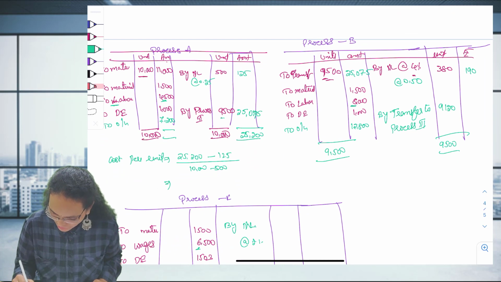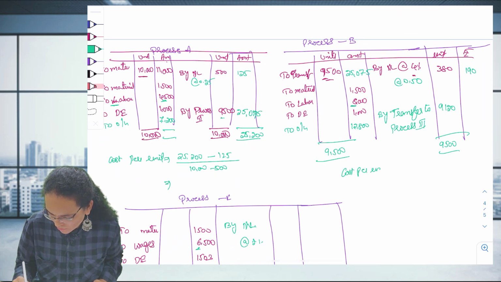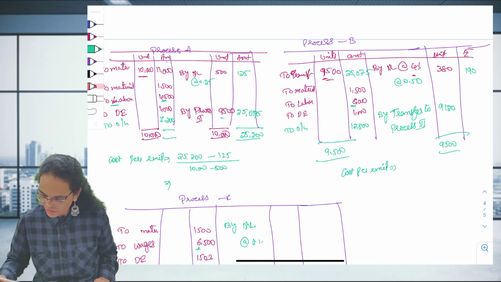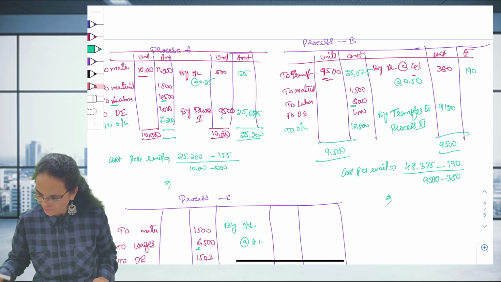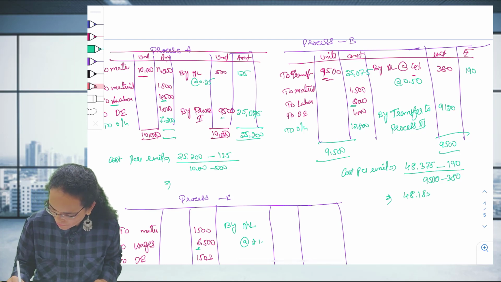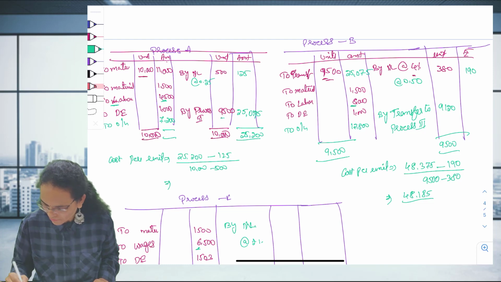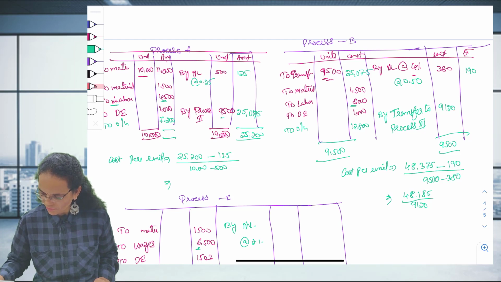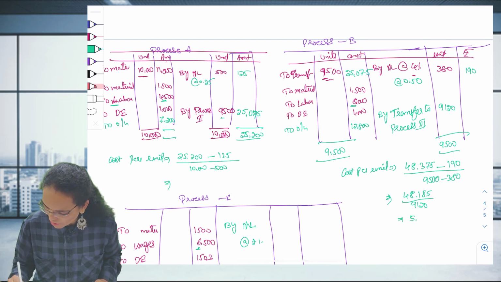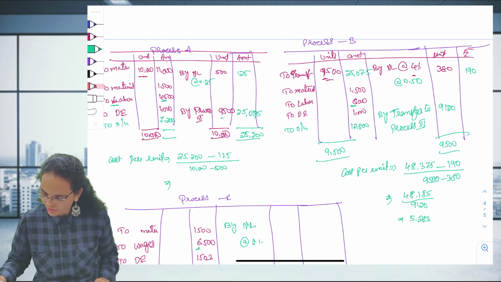Again cost per unit, that is 48,375 minus 190 divided by 9,500 minus 380. 5.283 something into 9,120.